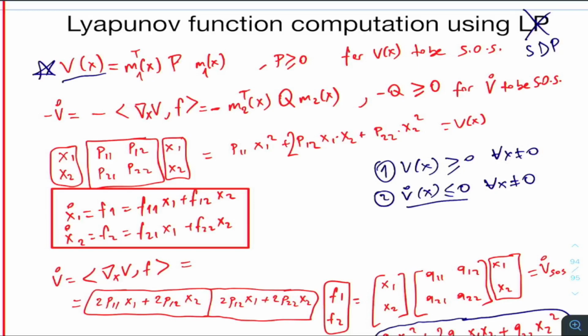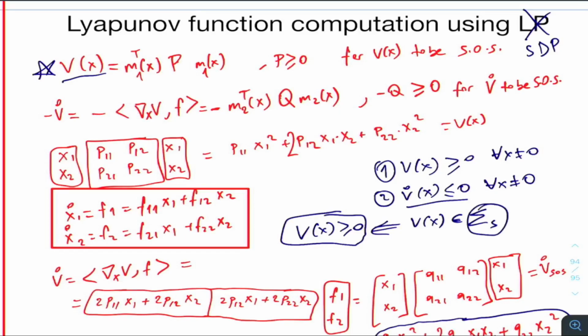In the previous video we talked about this condition. A sufficient condition for this proposition can be given by V of x in sigma sub s, and that representation stands for SOS, sum of squares.